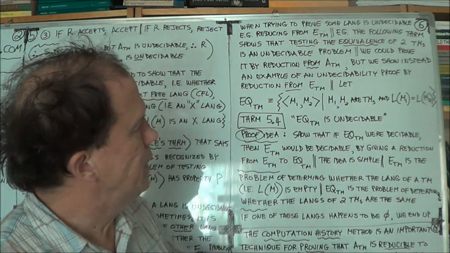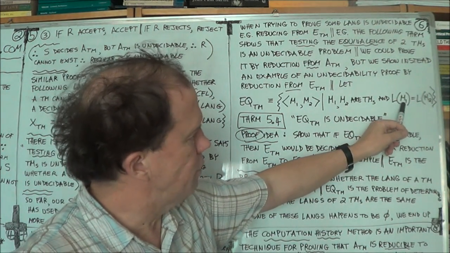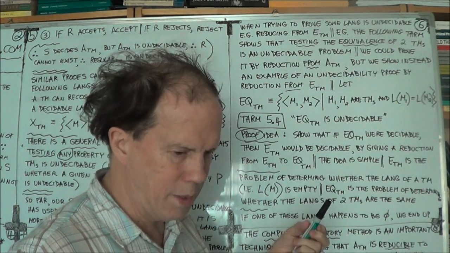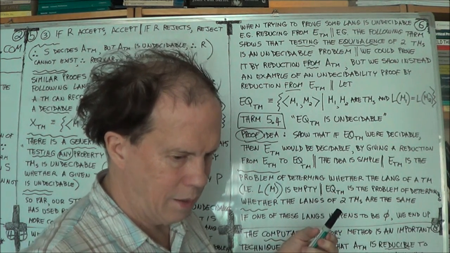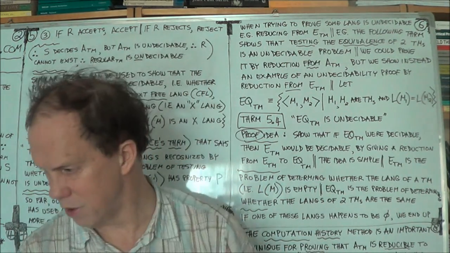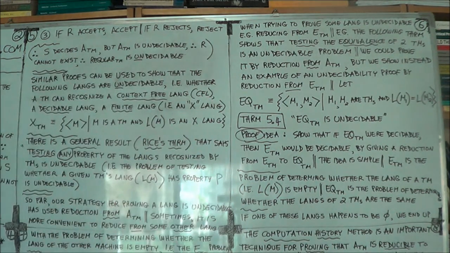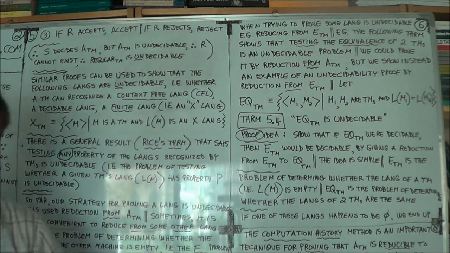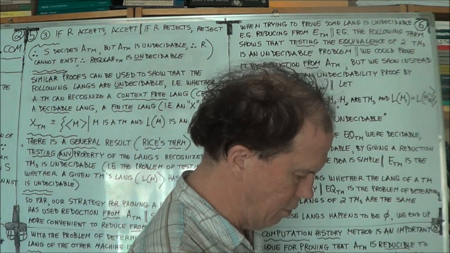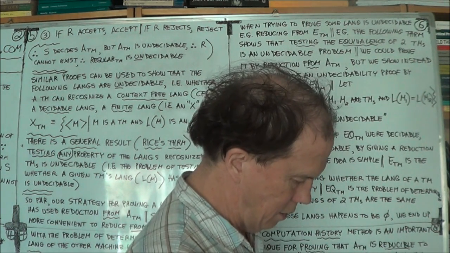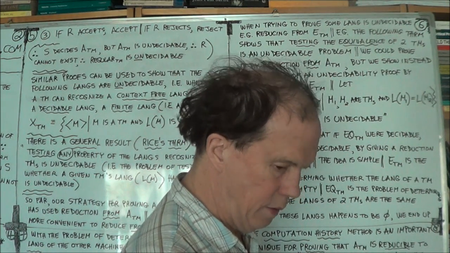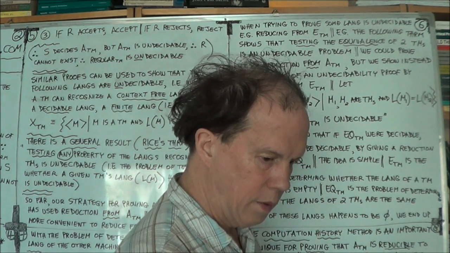So now the language of a machine. What is that? I'm trying to remember. I'm getting a bit rusty. I think that means the language that the machine recognizes. Which chapter would it be?